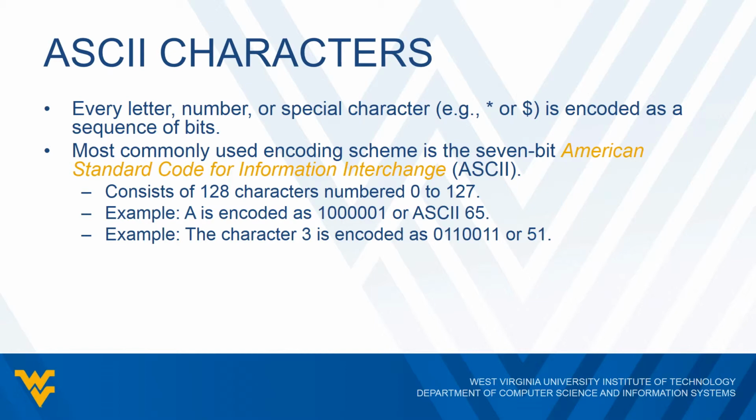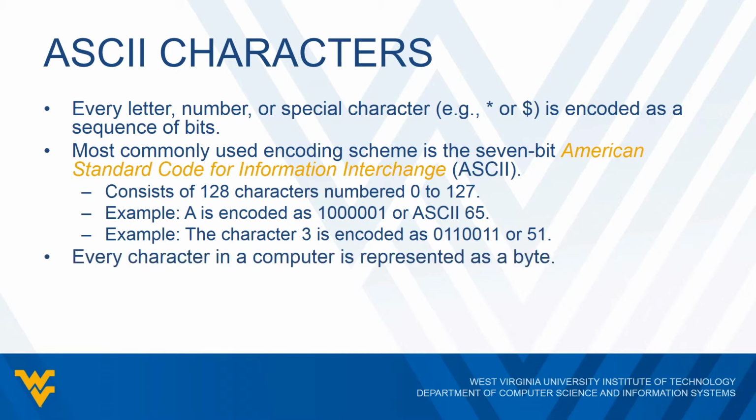It's actually stored as a character, even though it's a number, but the binary representation of that would be 0110011, the ASCII equivalent of it would be 51. So every character in a computer would be represented as a byte. And remember, a byte is 8 bits. So these 8 bits would be used to represent every single character that we would need for communication purposes.